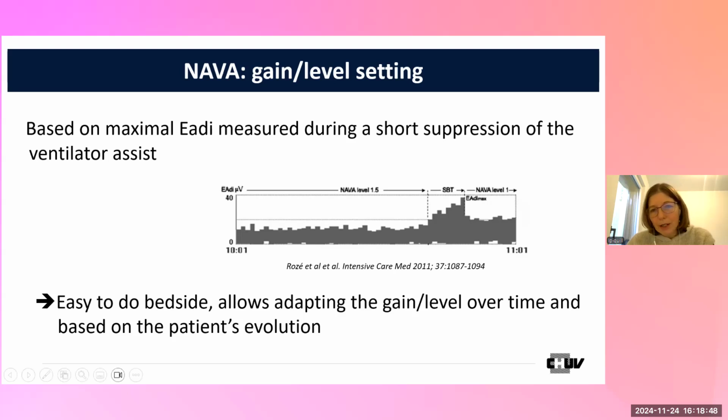In this example, Adrien Rosé did a spontaneous breathing trial in pressure support to obtain this maximal EADI, but we could also imagine doing that in NAVA just by putting the gain at the minimal value, then measuring the maximal EADI, and then increasing the gain again until you obtain a decrease in maximal EADI to 60 or 70% of the very maximal value. Easy to do.